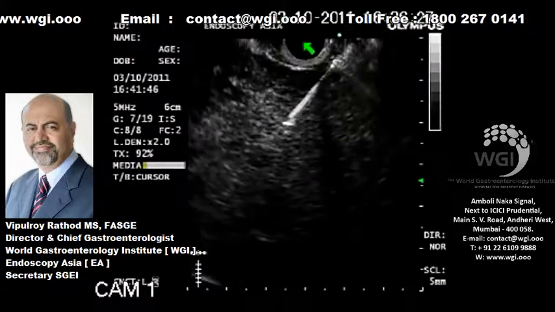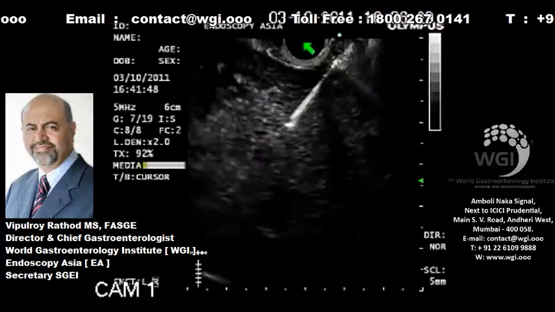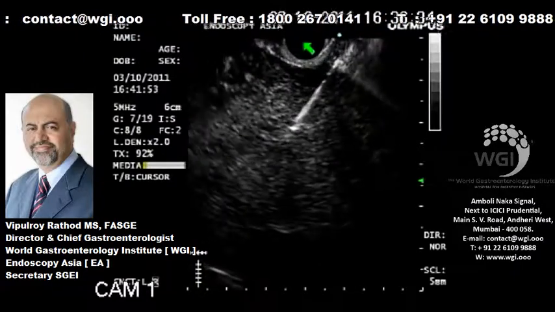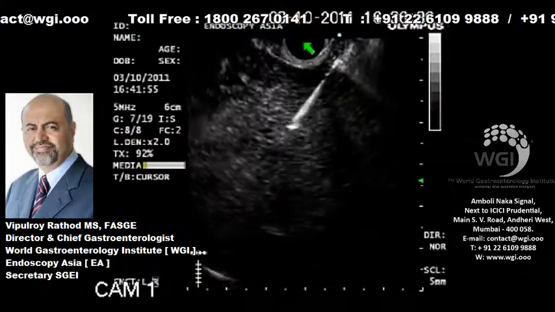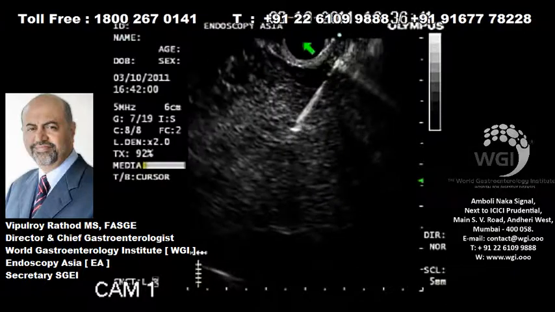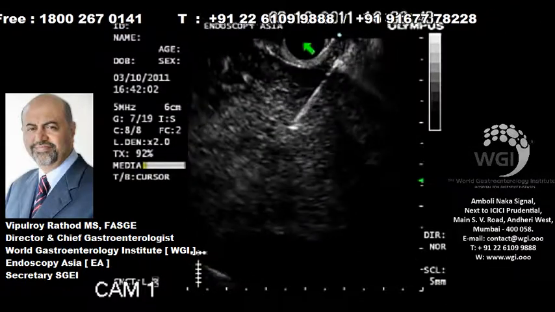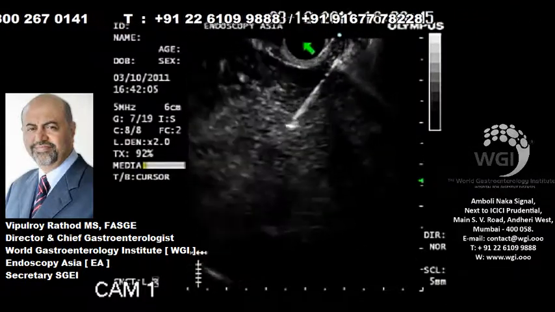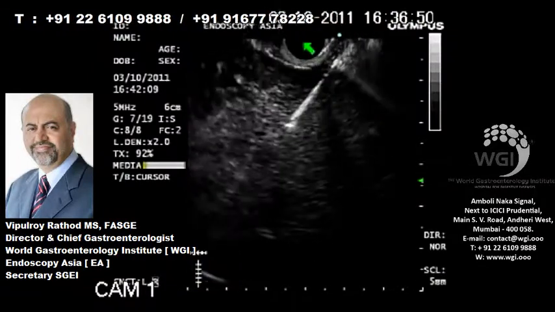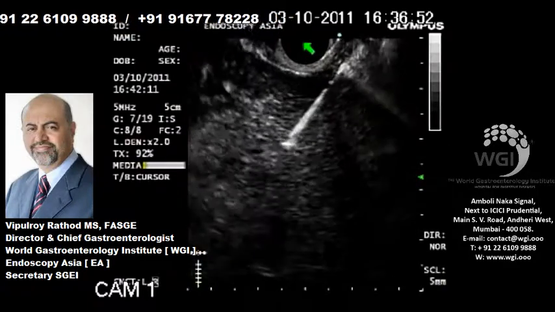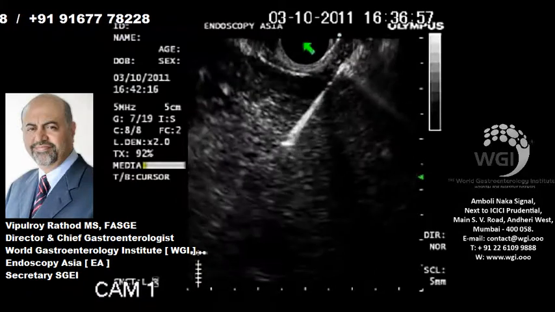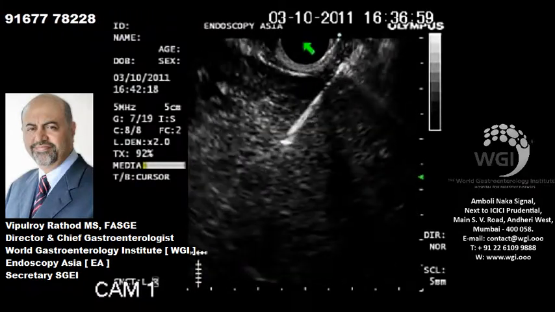I'll try and withdraw a little bit, and without too much jiggling movement, especially when you know there is a possibility of a vascular lesion. This is our technique, which I think will become more popular worldwide, rather than doing too much jiggling in the lesion. I've been discussing this with some of the leading friends and experts of EUS across the planet, that there's no need to jiggle too much. Just be there. The respiration of the patient itself will do the jiggling for you.